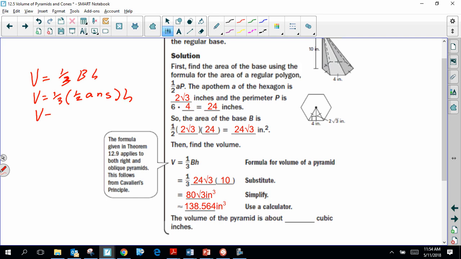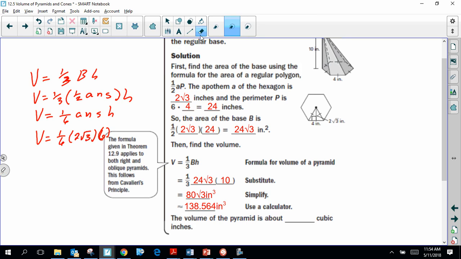Simplifying here, 1/3 times 1/2 is 1/6 times the apothem times the number of sides, the length of each side, and the height. So here I can say 1/6 times the apothem, which is my 2 radical 3, times the number of sides, which is 6 in this case, times the length of each side, which is 4, times 10.